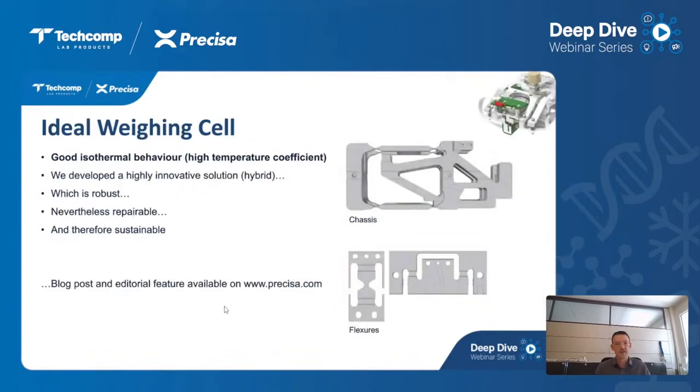Furthermore, we have the ideal weighing cell with our fast block system. Here we have a very good isothermal behavior and a high temperature coefficient, and we get that because the main parts, or most of the parts, of the weighing cell are made of the same material.